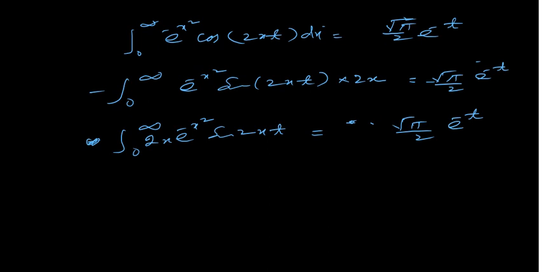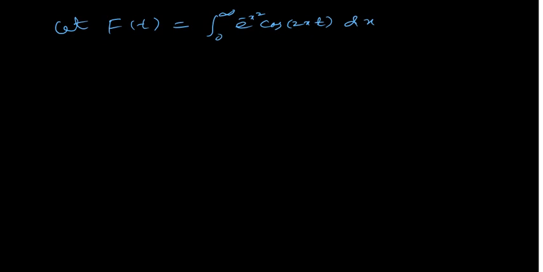Definitely there is some problem, because for t positive it is allowed, then we must have this. But for t equal to 0, this side is equal to 0, while the other is equal to root of pi by 2. So how is 0 equal to root of pi by 2? This is a contradiction. So that means the differentiation of the integral is not equal to the integral of the differentiation in this case. Definitely there is some problem.